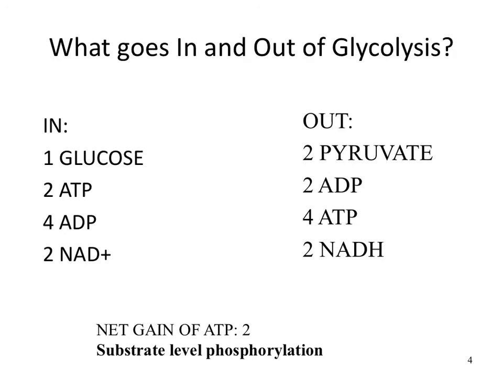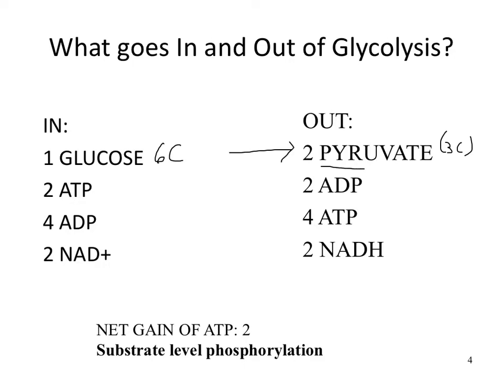Let's do a little accounting of glycolysis. In other words, let's think about what molecules go in, what comes out, and where the molecules that are coming out end up. 1 6-carbon glucose goes into glycolysis. 2 3-carbon pyruvates come out.